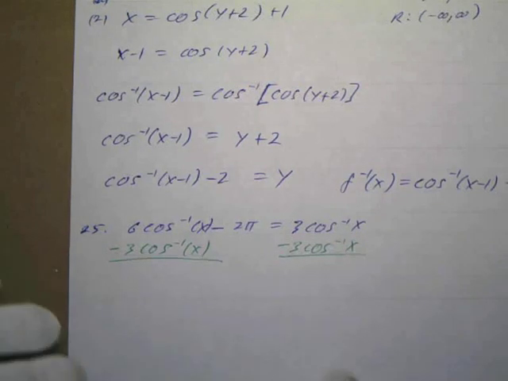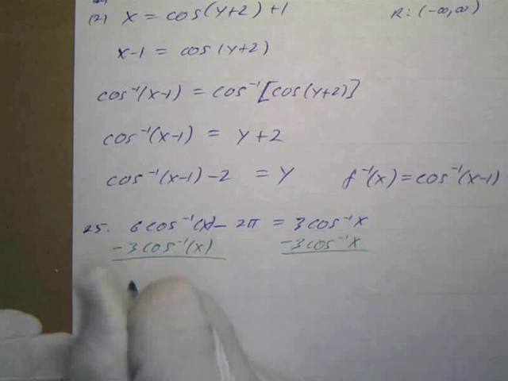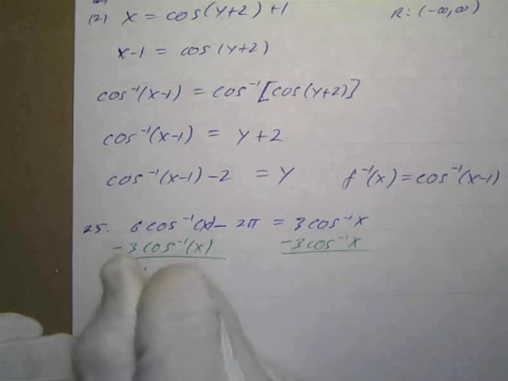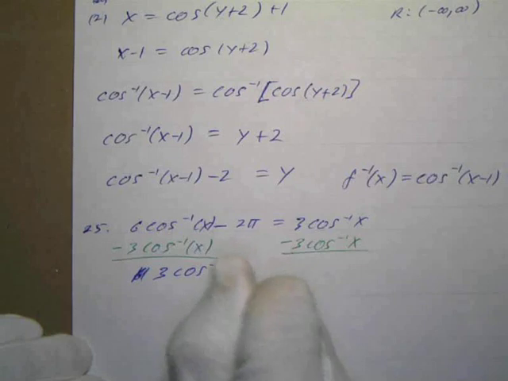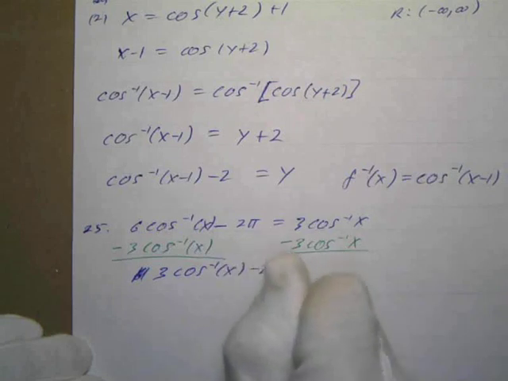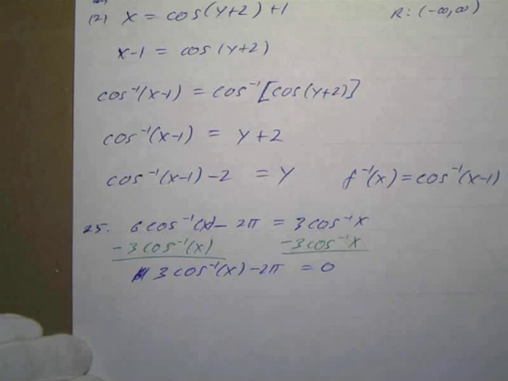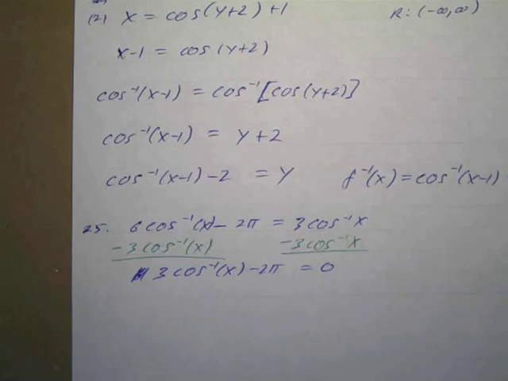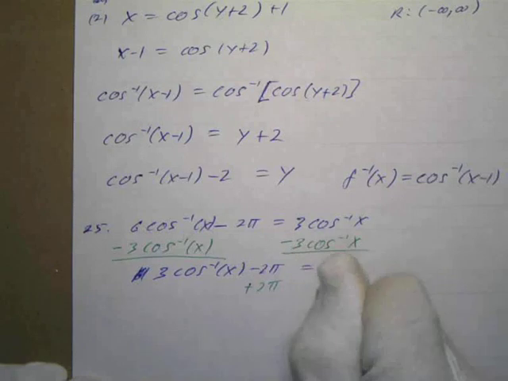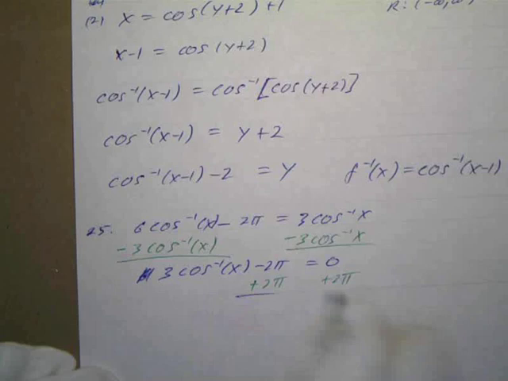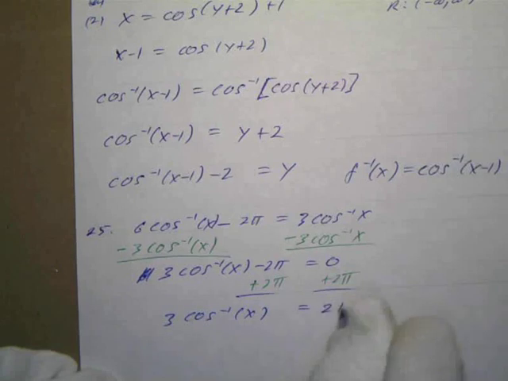And on the left, we've got 6 cosine inverse minus 3 cosine inverse, which gives 3 cosine inverse of x minus 2 pi equals 0. And then I'll just add 2 pi to both sides. So I've got 3 cosine inverse of x equals 2 pi.